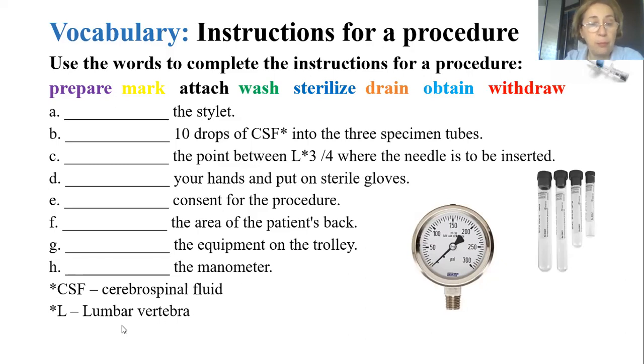So L, lumbar vertebra. And yes, as for the pictures here, you can see the needles and the tubes, specimen tubes here, and then this is a manometer. Yes, here in the picture.